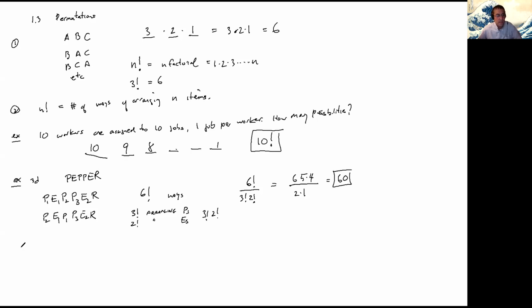Actually, this last example gives you the principle. So this might be called number 3. The principle that we've just noticed is this. Suppose we have n objects.